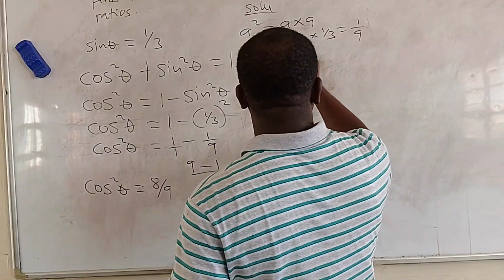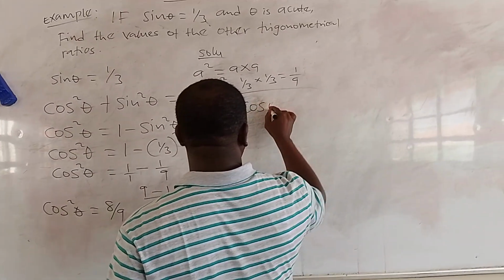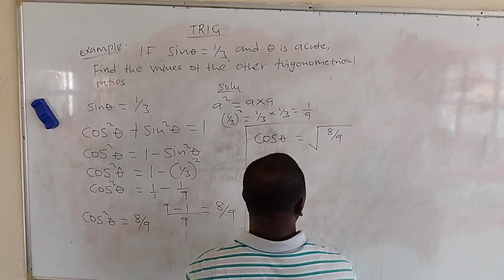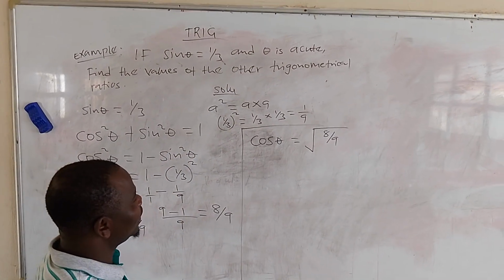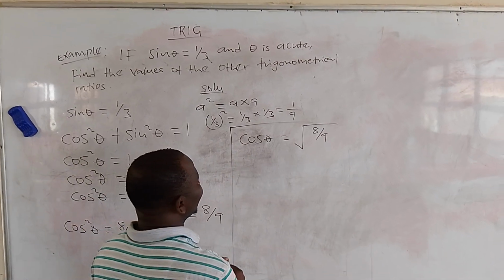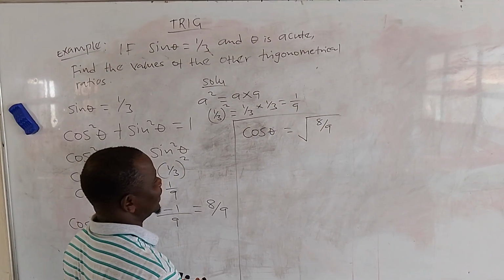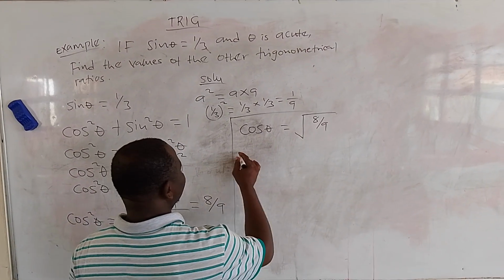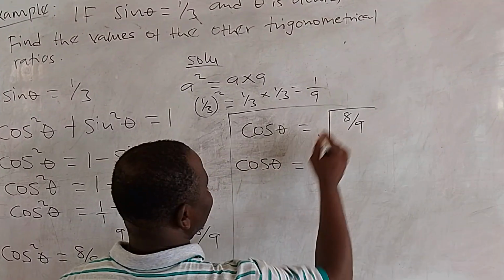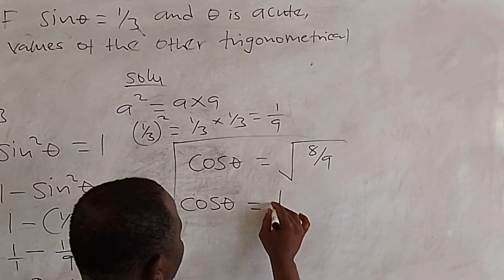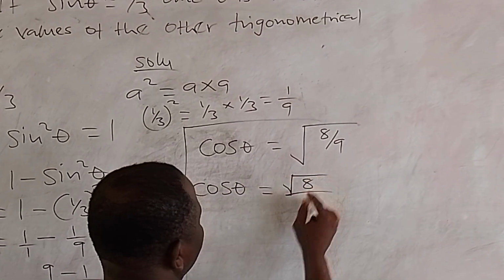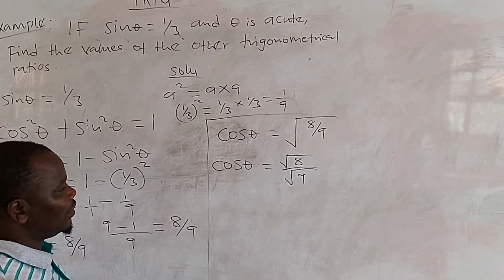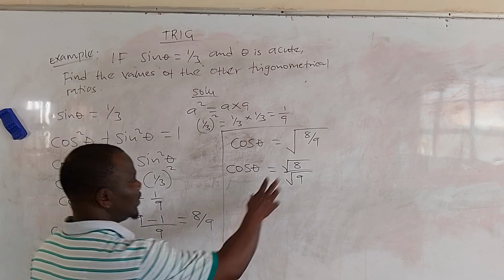Then cos theta is equal to the square root of 8 over 9. Now we can apply the root of a quotient here. Division is allowed, so we can break this down. Our cos theta is equal to the square root of 8 over the square root of 9.